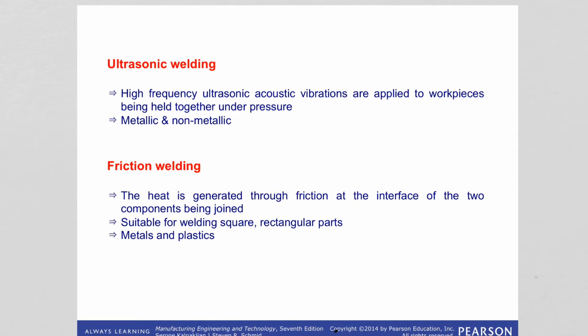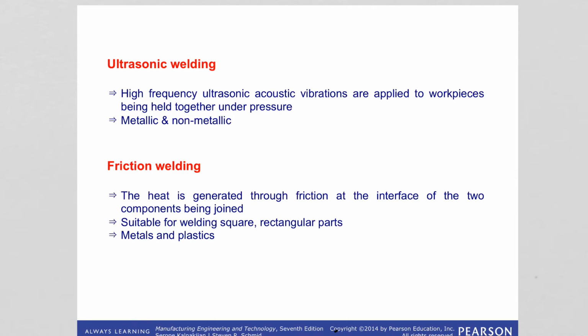This allows for good contact and produces a strong solid-state bond. This technique can be used with a wide variety of metallic and non-metallic materials, including dissimilar metals. It is extensively used for joining plastics.